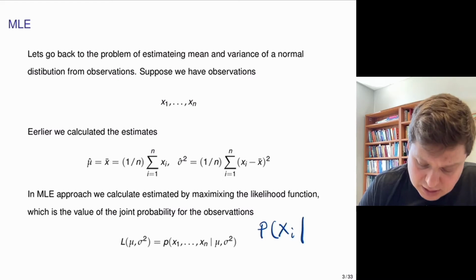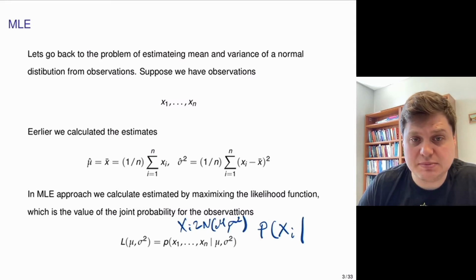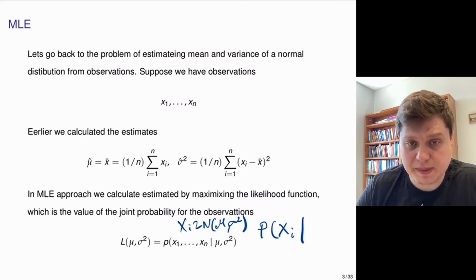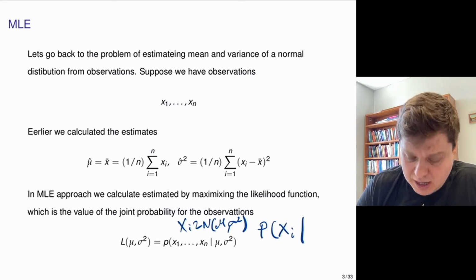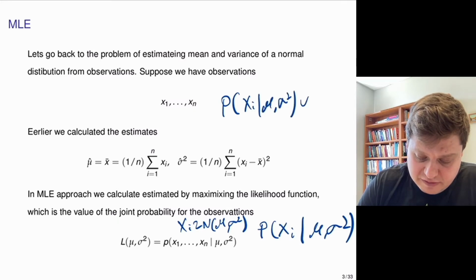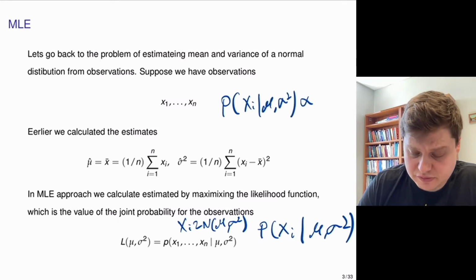Let's say xi follows a normal distribution with mu and sigma squared as mean and variance. Then you will know the probability of observing xi given mu and sigma squared, and this value is actually given by the density function of the normal distribution.